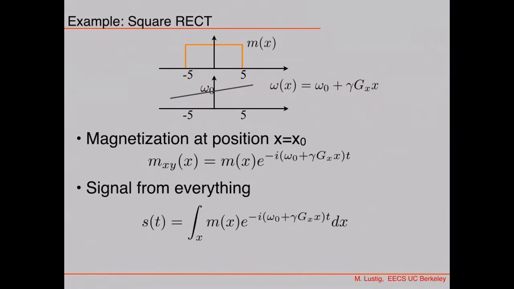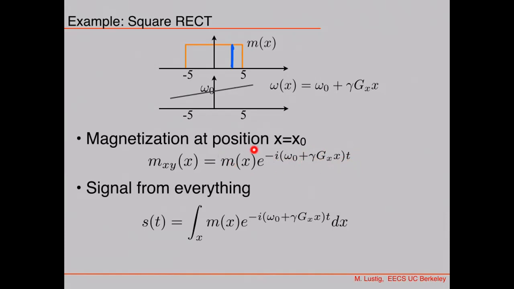If we look at a piece of magnetization, let's say a magnetization over here, that magnetization will produce a signal that is proportional to the size of the magnetization at that position. And then it will produce a frequency, and the frequency will be proportional to the field. Hence, it's going to be e to the minus i (omega 0 plus gamma Gx x) times t.